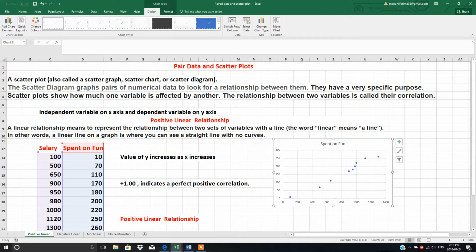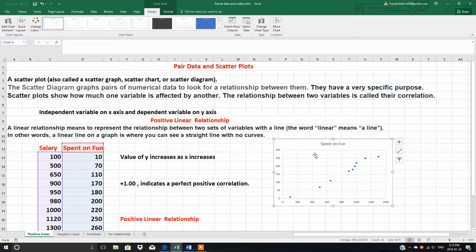You can read the graph like this: when your salary is $100, you spend $10 on recreation. When your salary was 500, you spent $70. If we make a line, it goes up. This is called the positive linear relationship.